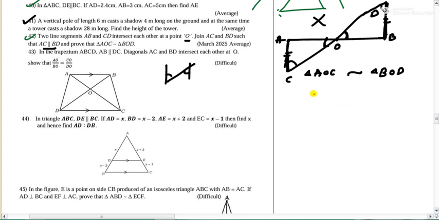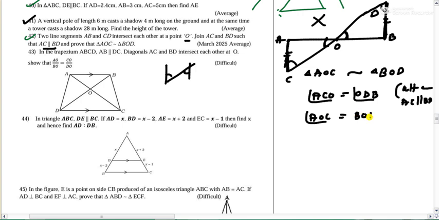So you can write that angle ACO is equal to angle ODB. Reason: alternate angles, as AC is parallel to BD. Secondly, angle AOC is also equal to angle BOD. Reason: vertically opposite angles. So using only these two we can say triangle AOC is similar to triangle BOD.